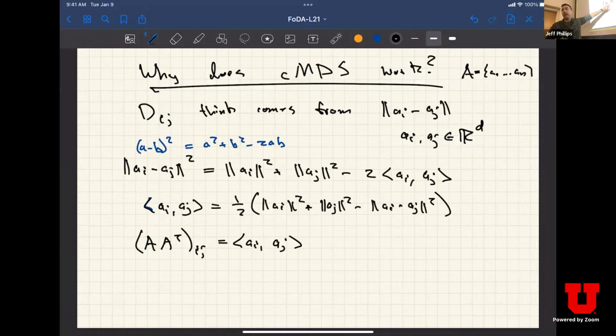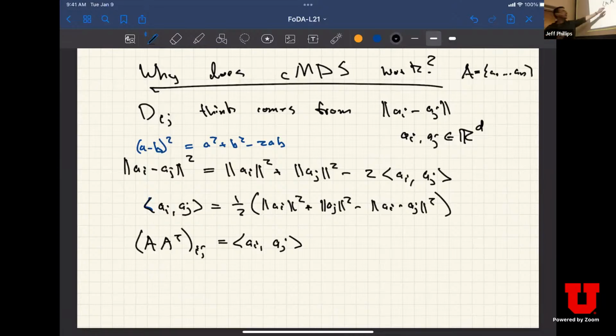This is an n by n matrix, independent of what the original dimension was. The dimension is on the inside of this multiplication, so it disappears. The ij cell is the inner product a_i a_j.